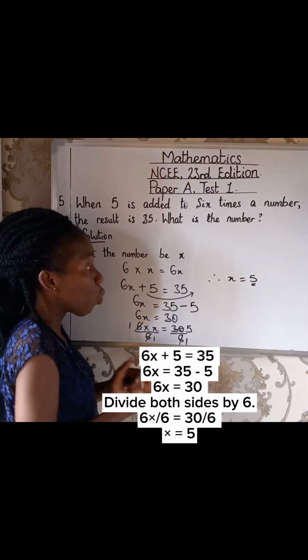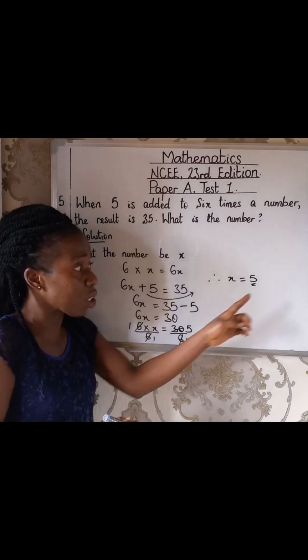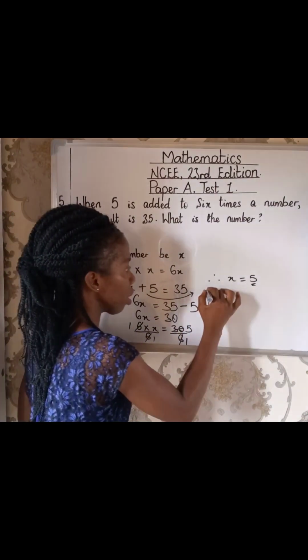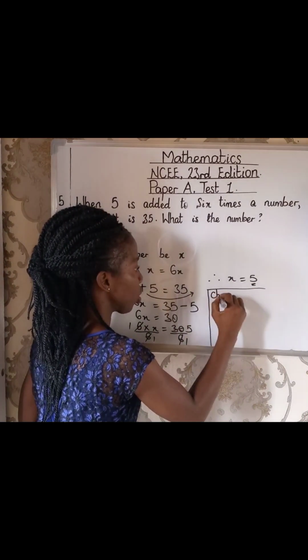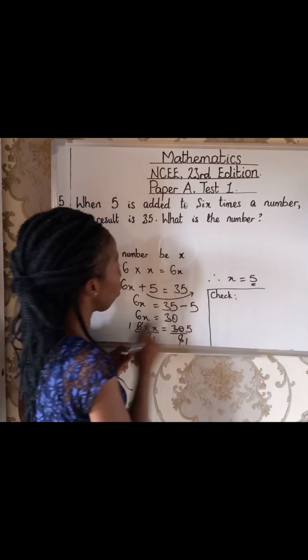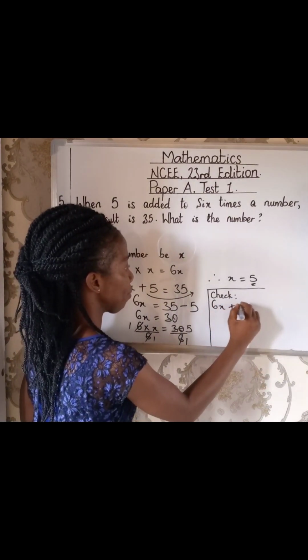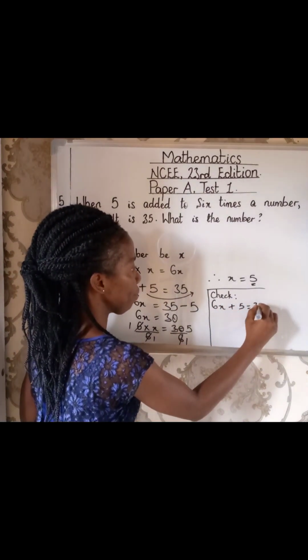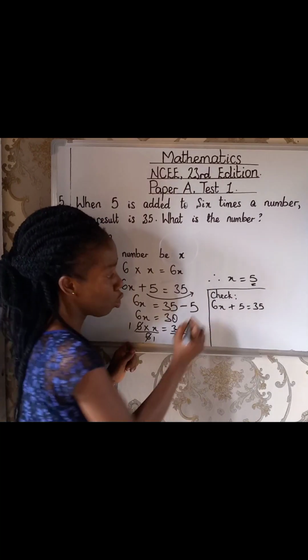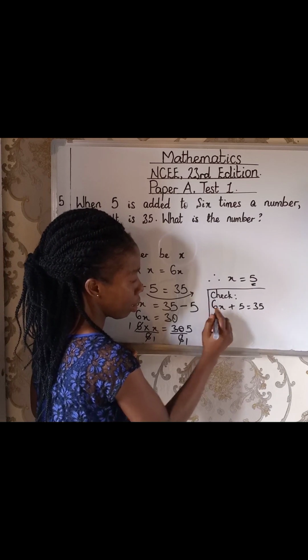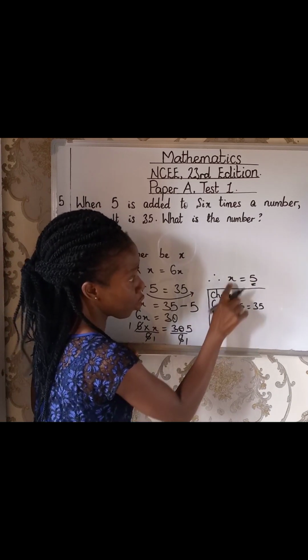If you want to check if this answer is correct, you can do a very quick check. You say 6x plus 5 equals 35. Now remember our x is 5. So we're going to substitute the value of x into 6x. Anywhere you see x, you put 5.